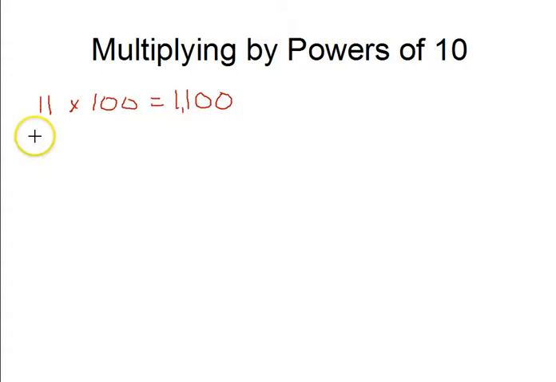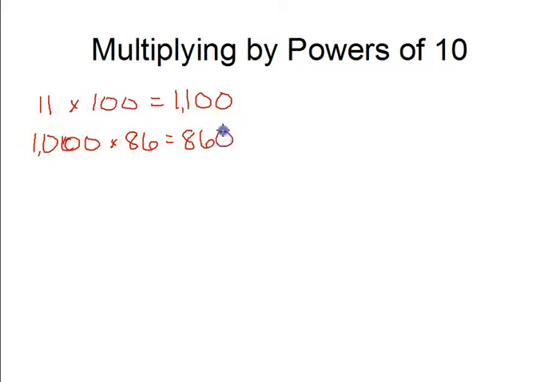Alright, so what about this one? 1,000 times 86 equals 86,000. So we write the 86 first, and then we have 1, 2, 3.